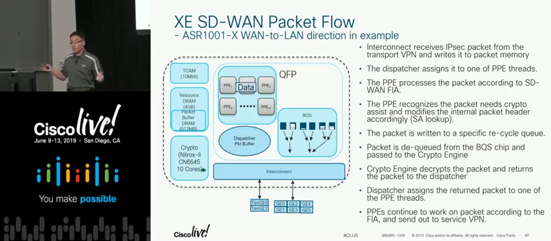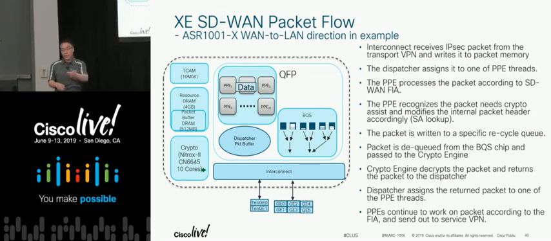It doesn't have to be the same thread; it can be any available thread. Then it runs the remaining SD-WAN features to completion. Then the PP sends the packet to the BQS, and the traffic manager schedules the packet out of the LAN interface according to your QoS configuration.